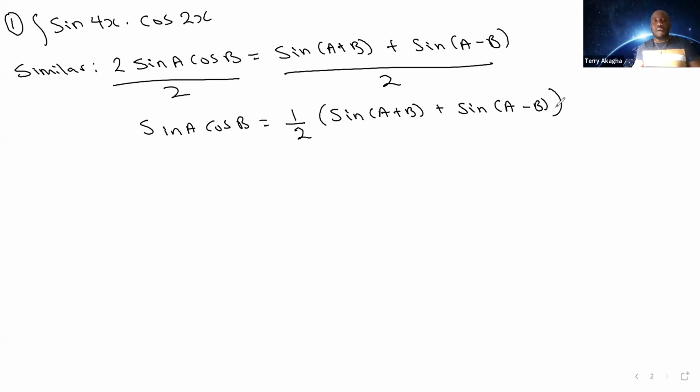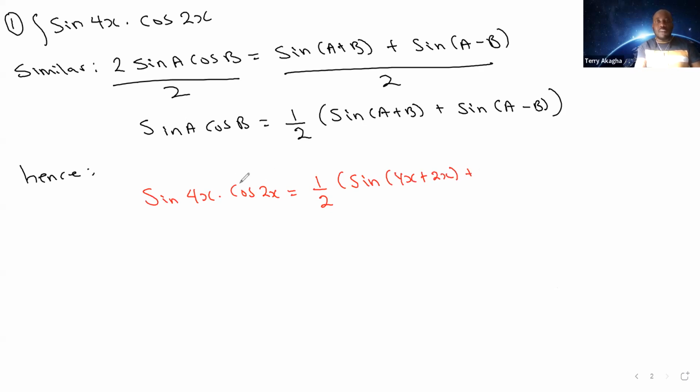Good. Now that means I can replace this with this. So hence, using this, I can say sine 4x cos 2x is the same thing as 1 over 2 times sine of, remember the A is 4x, 4x plus 2x, plus sine of 4x minus 2x.